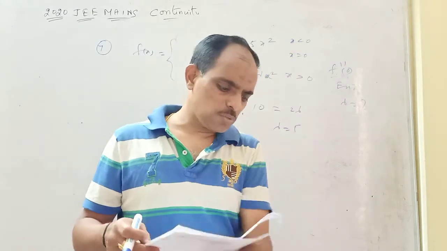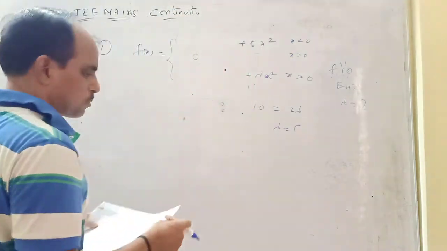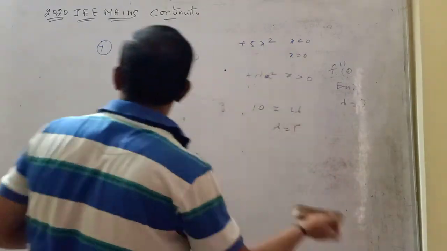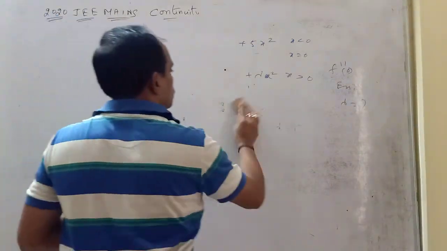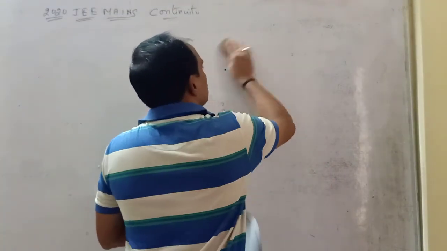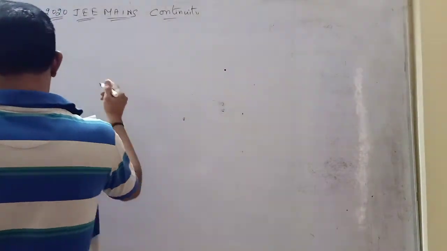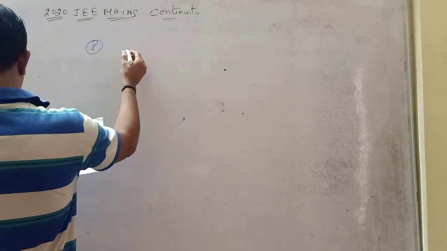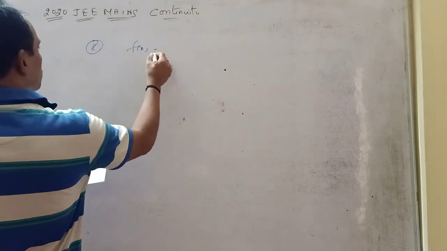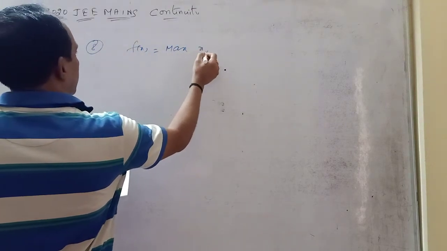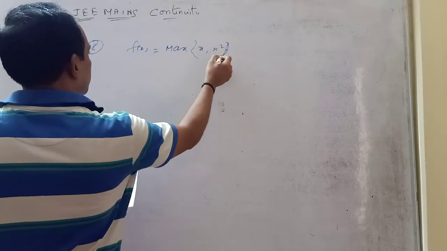Yeah, one more question, a simple question. I think I explained this question previously. It's a differentiability question. You see, this is the last problem, the 2020 September batch question, that is the 8th question. F of x is equal to maximum of x comma x square.